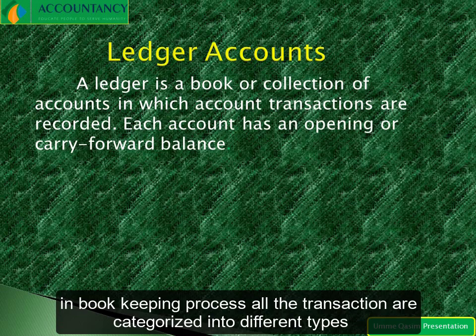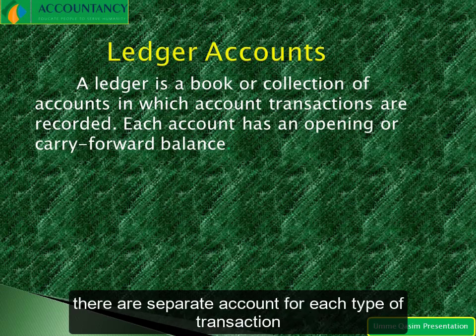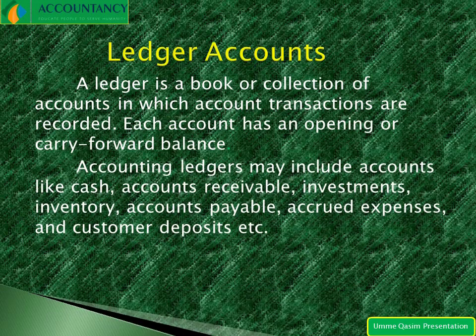In bookkeeping process, all the transactions are categorized into different types and then they are recorded in the series of individual records called accounts. There are separate accounts for each type of transaction. An accounting ledger may include accounts like cash, account receivable, investments, inventory, account payable, accrued expenses, and customer deposit, etc.